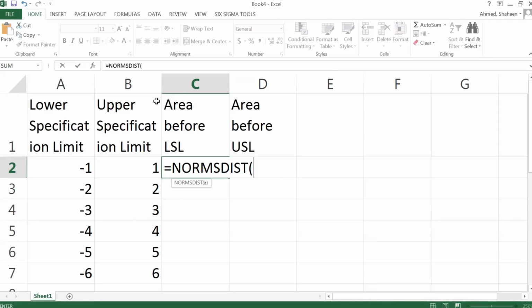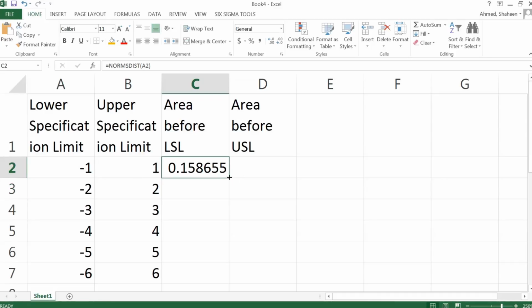So NORMSDIST, we are interested in calculating the area under the normal distribution curve up to -1. This function will give you the area all the way from the left side up to -1. As you know, the normal distribution never touches the x-axis, so it flattens out and goes all the way to infinity.